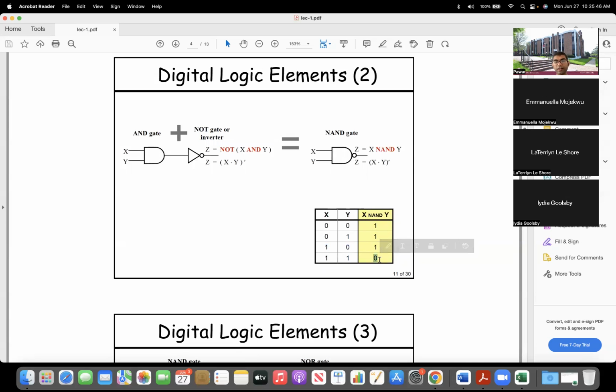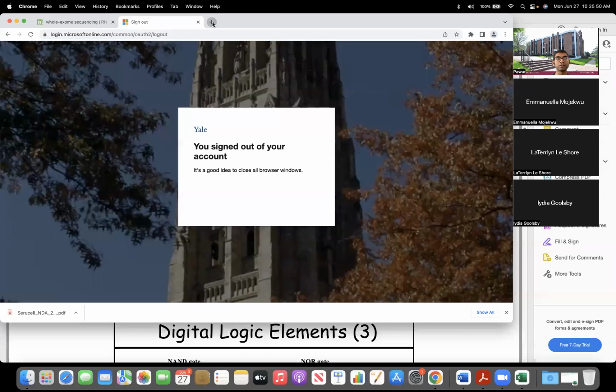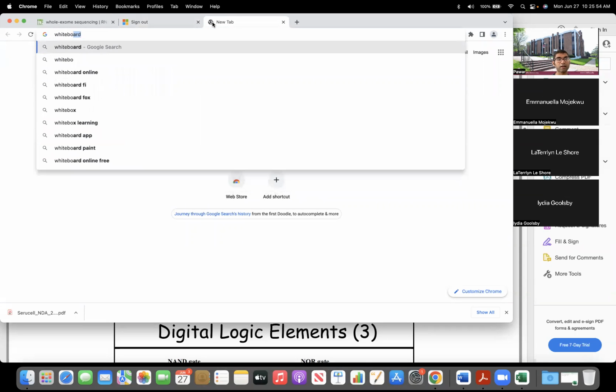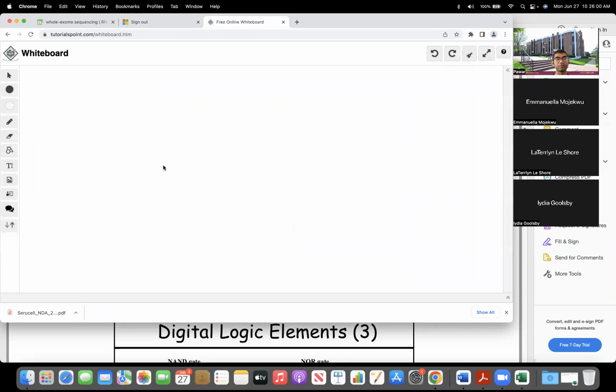Okay, so let me go through it again. It's very simple. You just have to understand it once and you'll remember it forever. Let me explain in a very simple way. You have two gates here, AND and NOT.